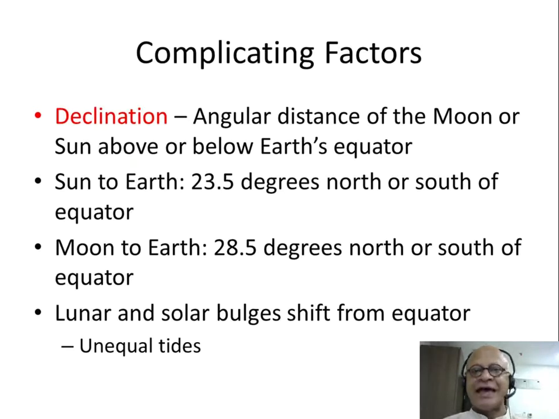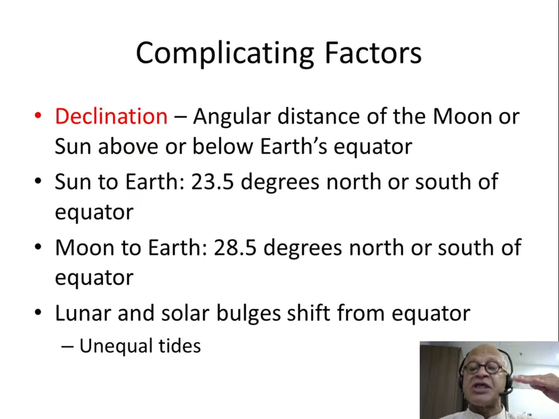We already know that the Earth is tilted at 23.5 degrees to the plane of the ecliptic around the sun, and it turns out that the moon has a declination, not decline, wrong word. The declination of the moon is 5 degrees with respect to the equatorial plane of the Earth.